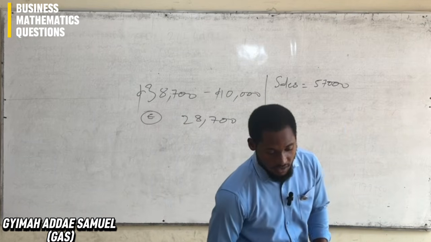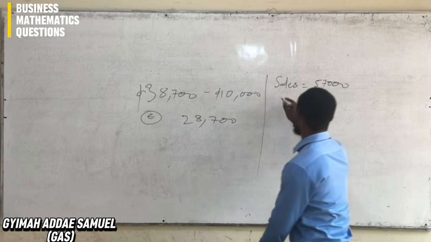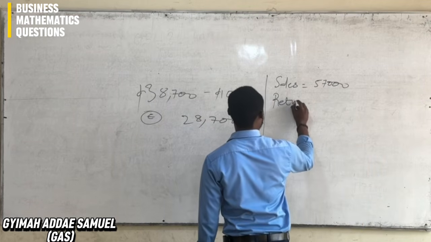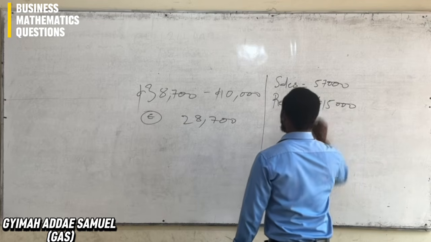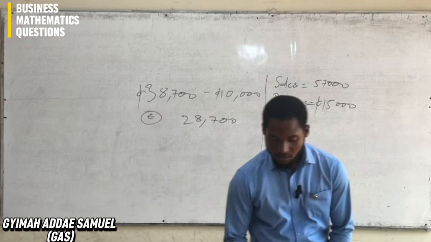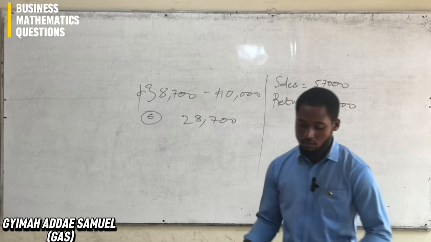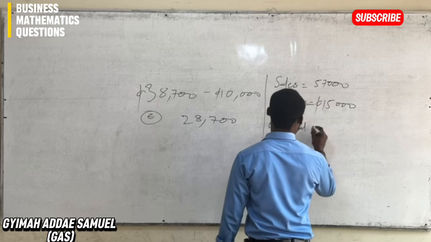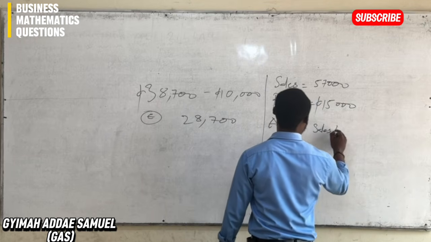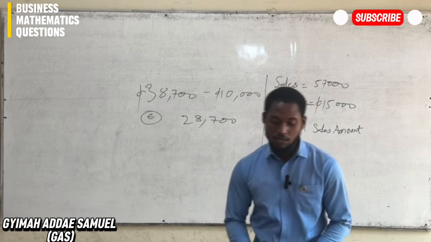Returns is 15,000 Ghana cedis. So you would have to find your actual sales amount first.